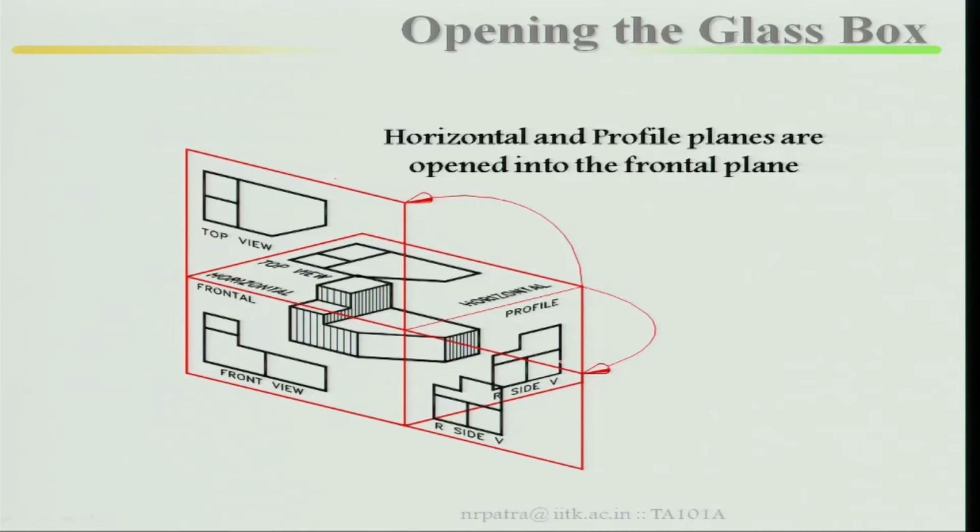Opening a glass box with respect to your frontal plane, in case of third angle, this is your frontal plane. With respect to the frontal plane, this horizontal plane has been rotated, so it is coming back here. Similarly, the profile plane has been rotated with respect to this, and it is coming back here.